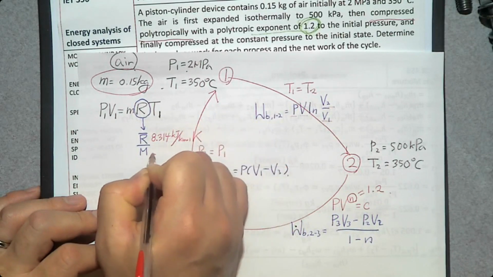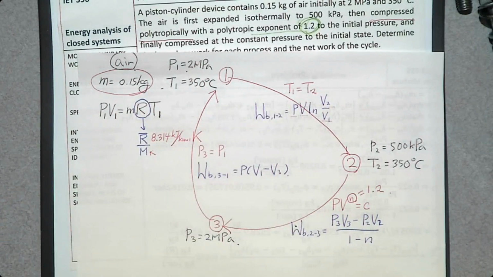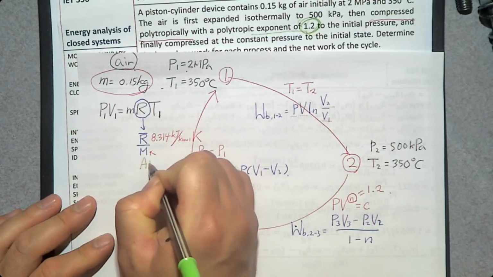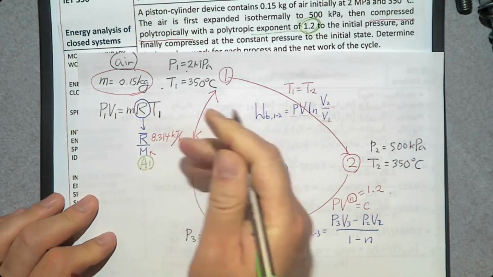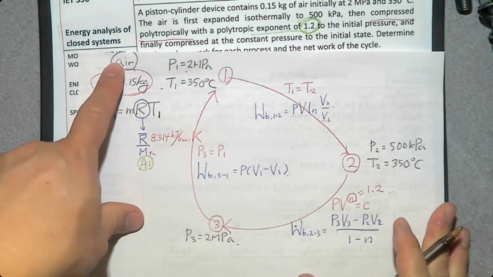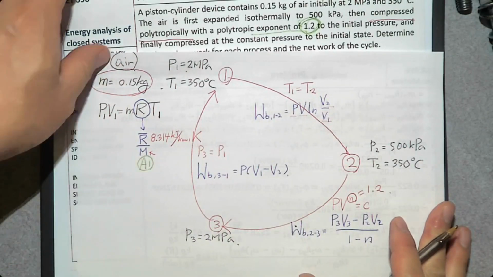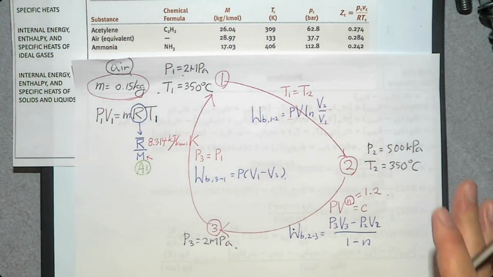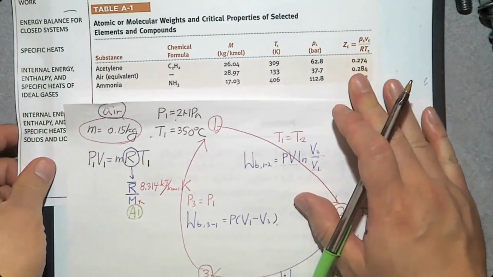What about this M? Is M the same as this m? No, this lowercase m is mass. This capital M is going to be molecular weight. Then where can you find this molecular weight? From table A1. If you want to find M for air, we can go to table A1.